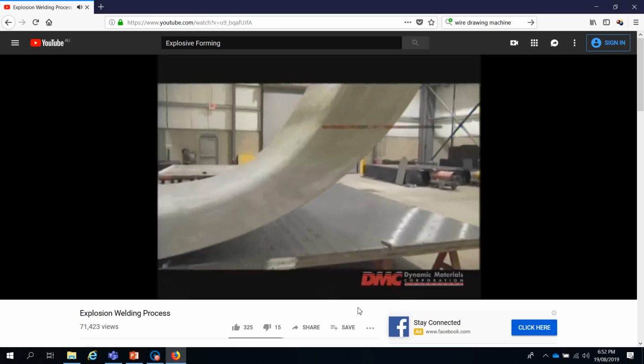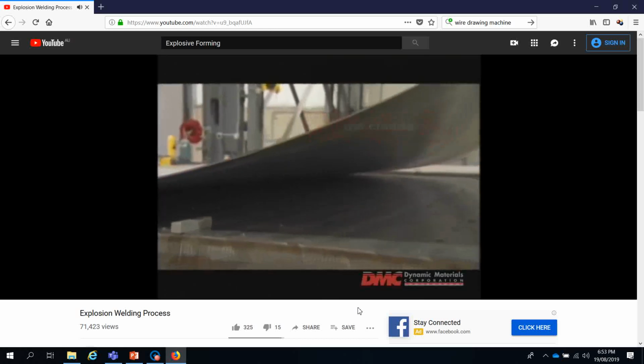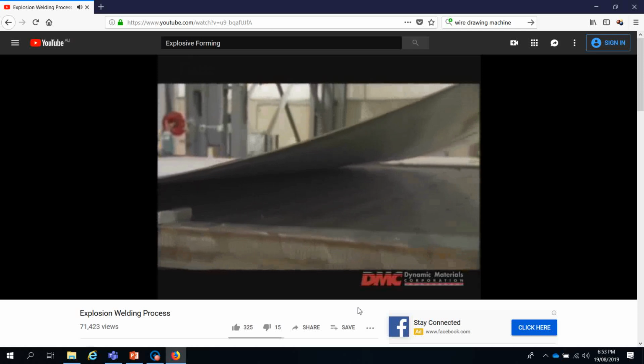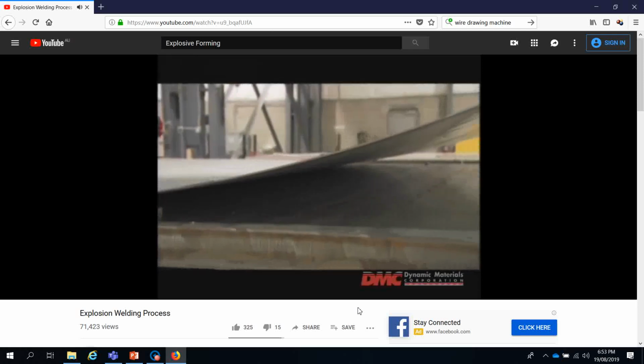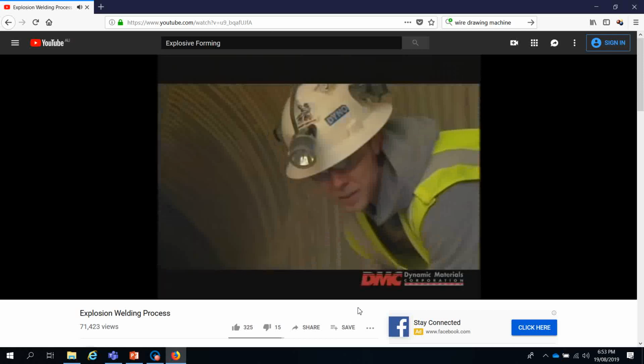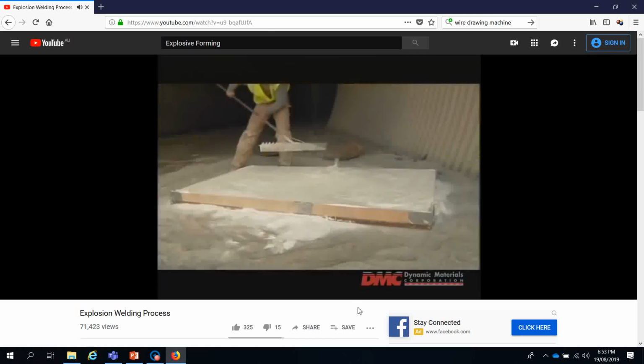This explosive front progressively guides the cladder plate downward toward the backer at the slight collision angle caused by the standoff gap. Forward of the collision point, air is forced out at high velocity. All oxides and impurities are expelled, rendering the plate surfaces metallurgically pure and ideal for a weld. As the backer and cladder collide, the weld is created nearly instantaneously across the entire surface of the plate.